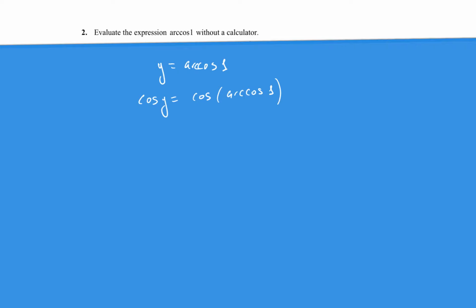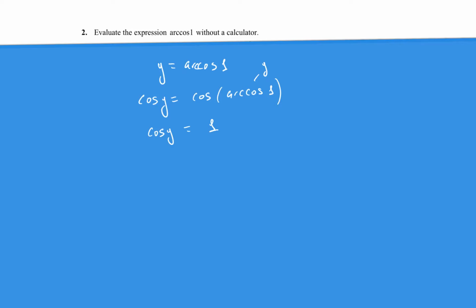And what is the cosine of the arccosine of 1? Arccosine of 1 puts out the number y, and cosine of y puts it back to 1. So they undo what the other does, because they are inverse functions. So cosine of y will be equal to 1.